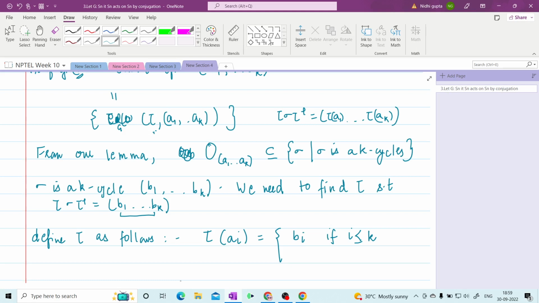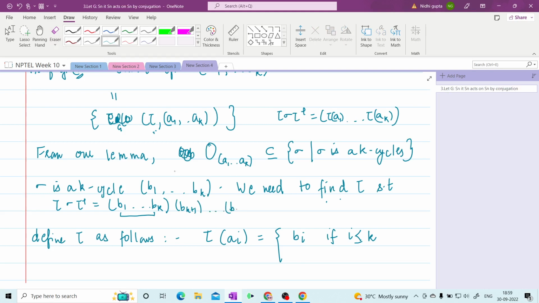the set of the earlier elements, that was a1 to an minus b1 bk. So what I am saying is that this is a k cycle and it is fixing n minus k elements.